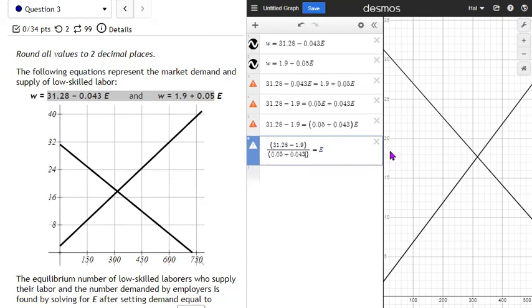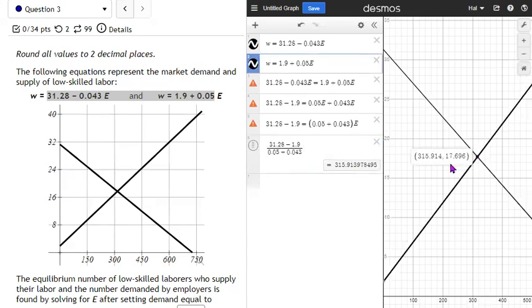Now I can get rid of the parentheses, and so E is equal to 315.914. That's E, and we see that's the value here.